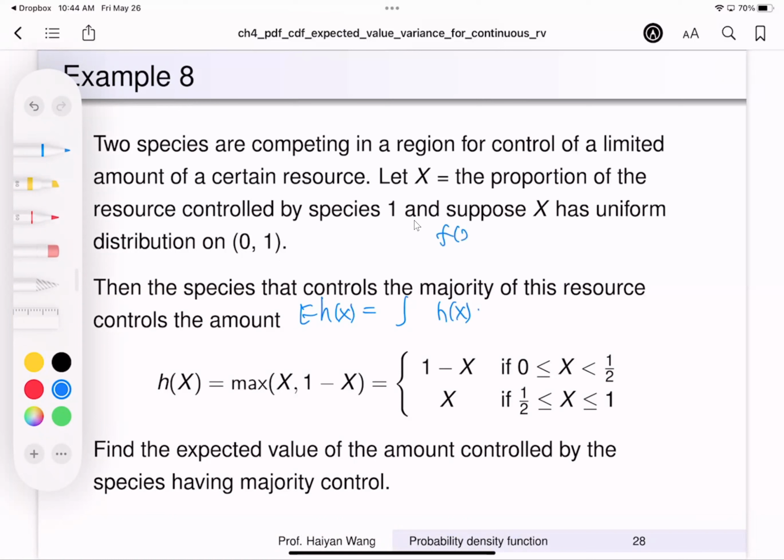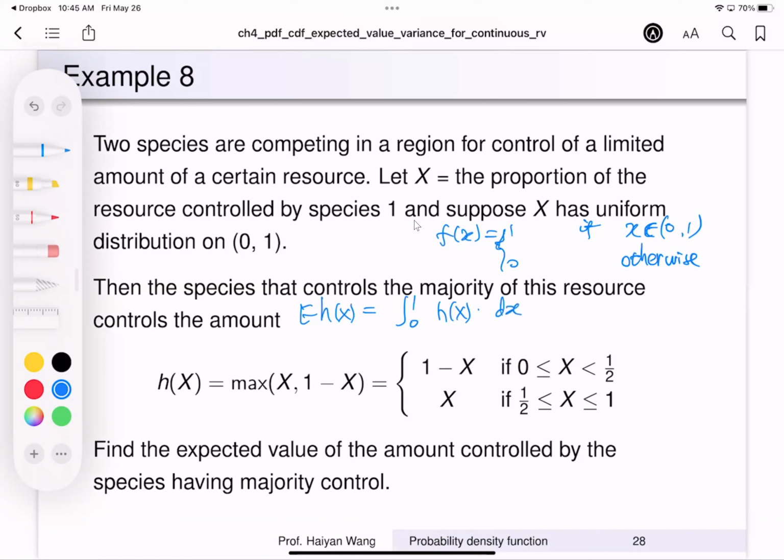Okay, so first let's write down the density. That's equal to 1 or 0 because it's uniform on 0 to 1. So this is if x is between 0 and 1. This notation means inside of 0 to 1. And this is the otherwise. The density is just 1. Therefore, we would just put the 0 to 1 here and h times 1 dx.